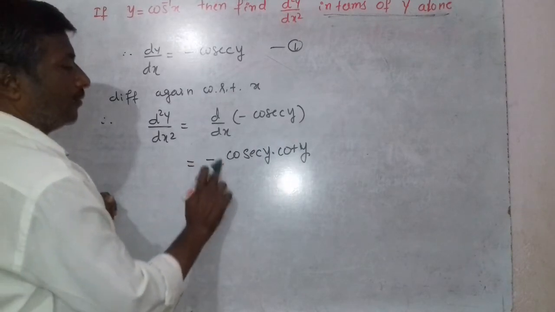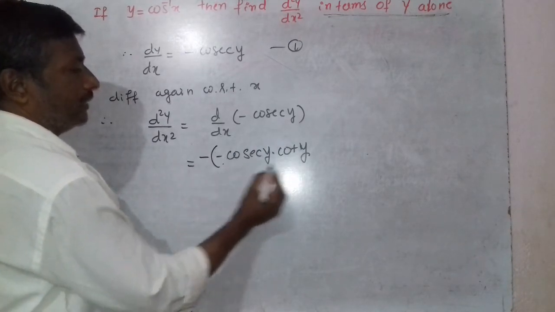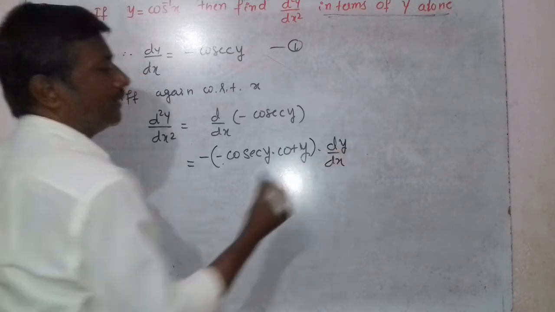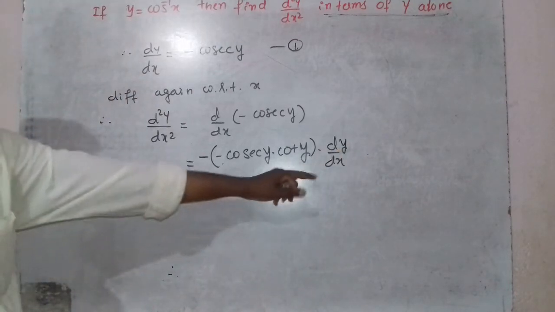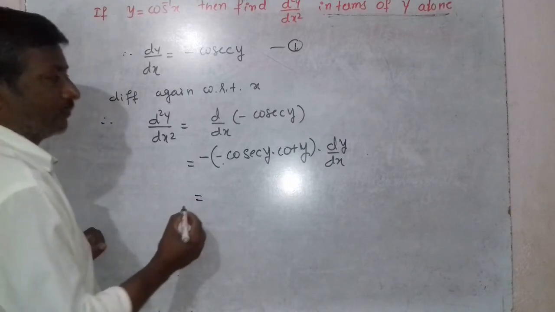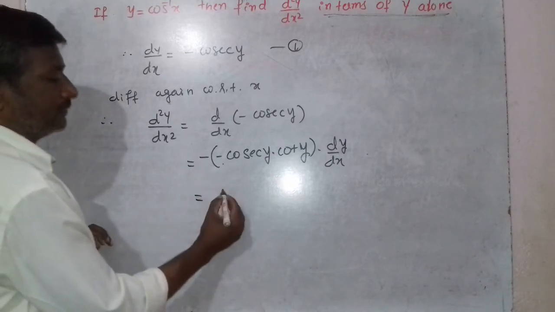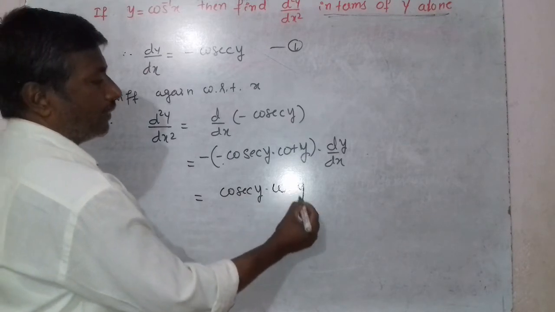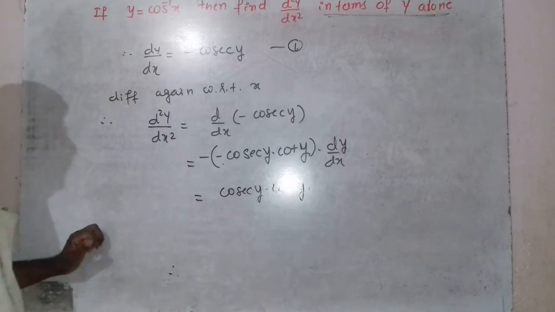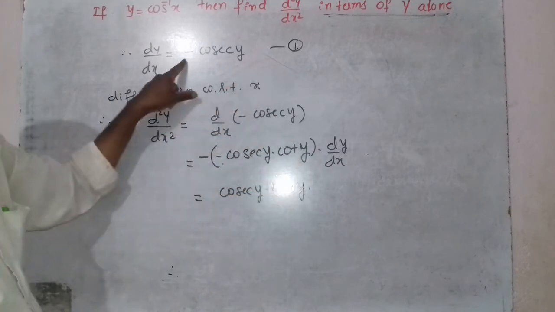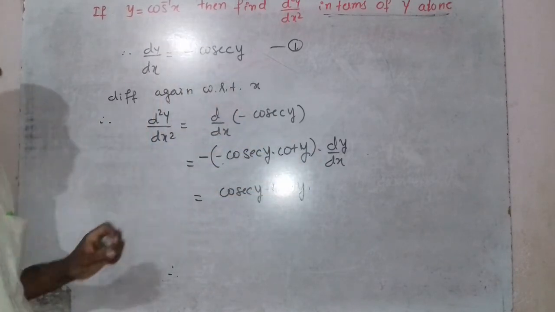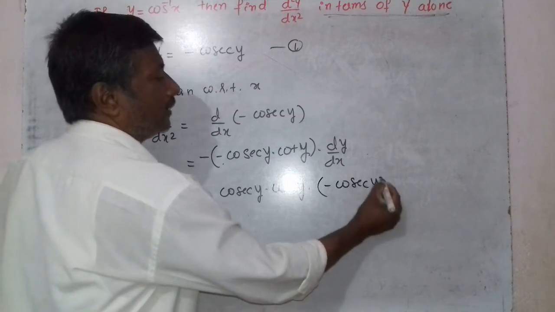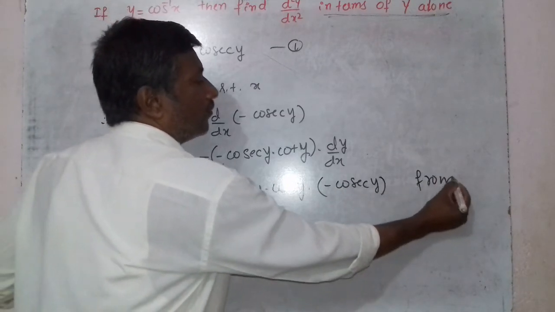So here minus of minus, and d by dx of y, that is dy by dx. This equal to minus minus plus, here cosec y into cot y. So dy by dx value is minus cosec y. So this into minus cosec y from 1.